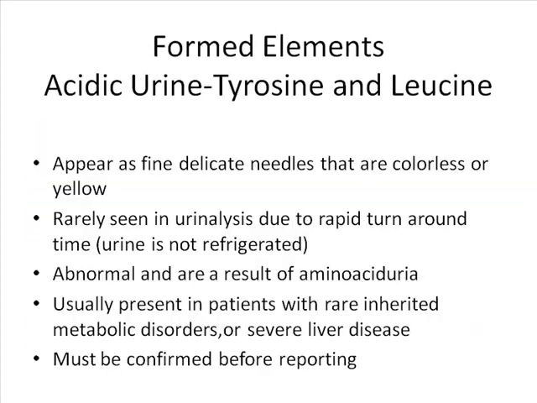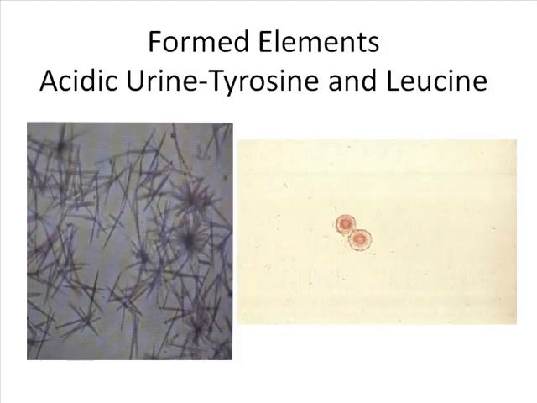Whoops, wait a minute. Let me go back. And tyrosine is a finely delicate needle, colorless and yellow. And I'm wondering, this form is leucine, I think. They're very rare to see, but if you see crystals that you need really help with, call somebody else over to have a look at them.